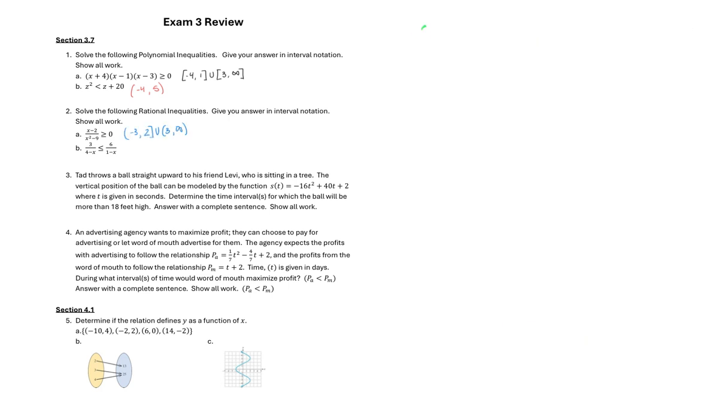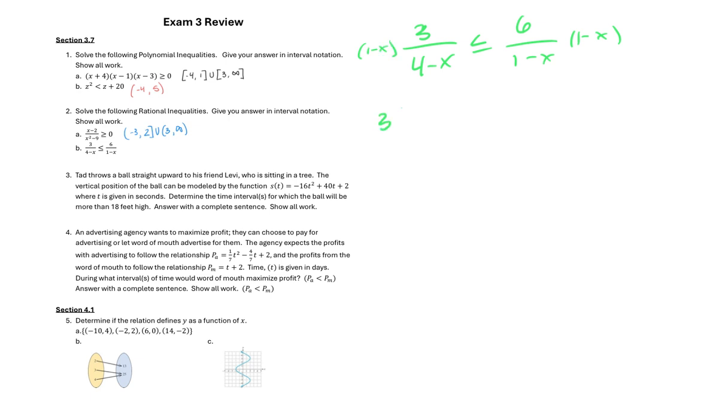So our next one is going to be 3 over 4 minus x is less than or equal to 6 over 1 minus x. So we can do some cross multiplying here and multiply this side by 1 minus x and this side by 1 minus x.